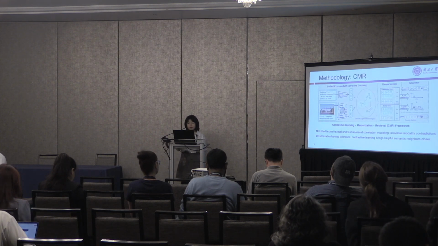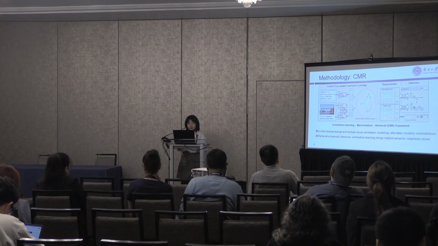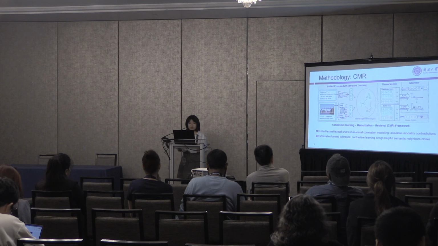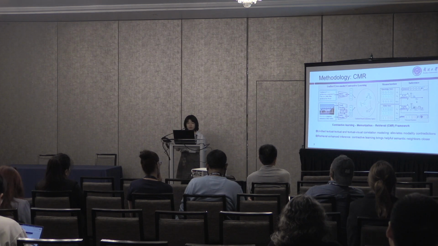In this paper, we propose the contrastive learning, memorization, and retrieval framework named CMR. First, we propose unified cross-modal contrastive learning to capture the textual and textual-visual correlations in the same representation space. It alleviates the modality contradictions in the visual modality by avoiding the impact of visual-visual correlation.